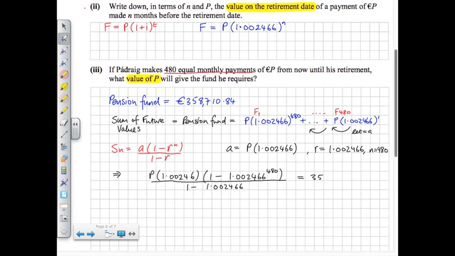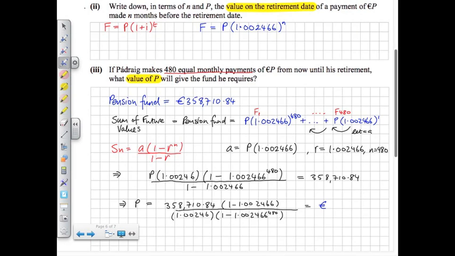And we know that the value of this is our pension fund. That's what this amounts to. So manipulating this formula, this gives us that P has this value here. And carefully put this into the calculator, and we get the answer 390.17 cents.